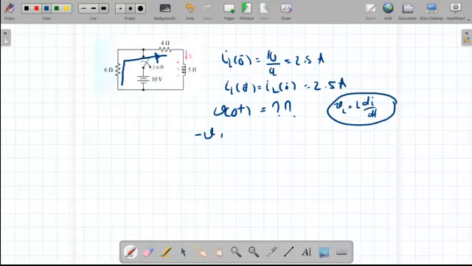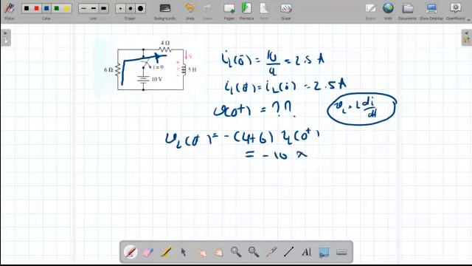Or we can say that VL(0+) will equal minus (4 plus 6), the resistor combination, times IL(0+), which means minus 10 times 2.5. Good.